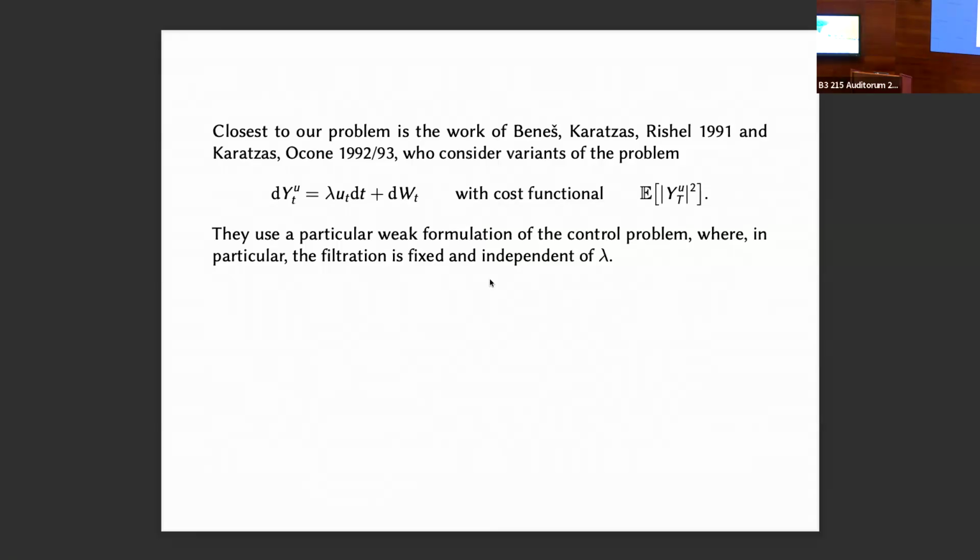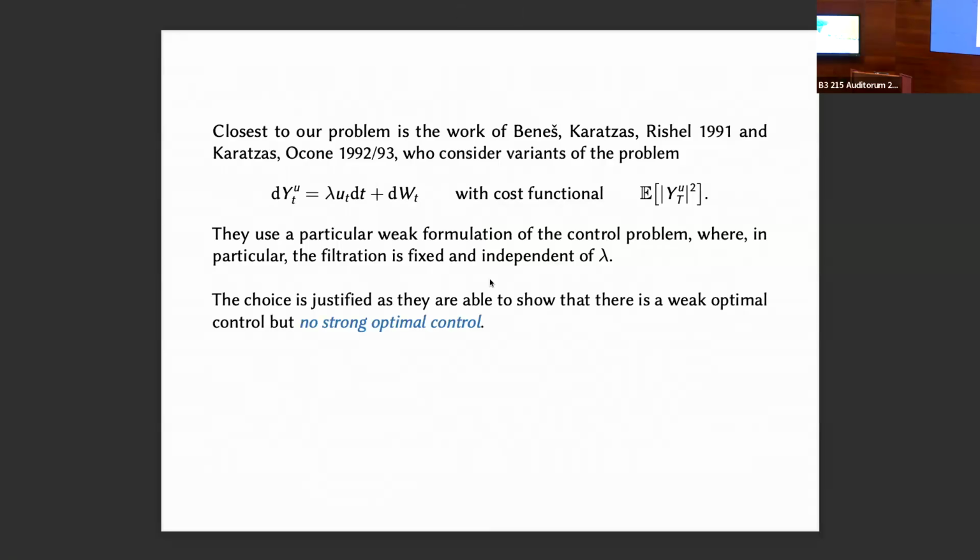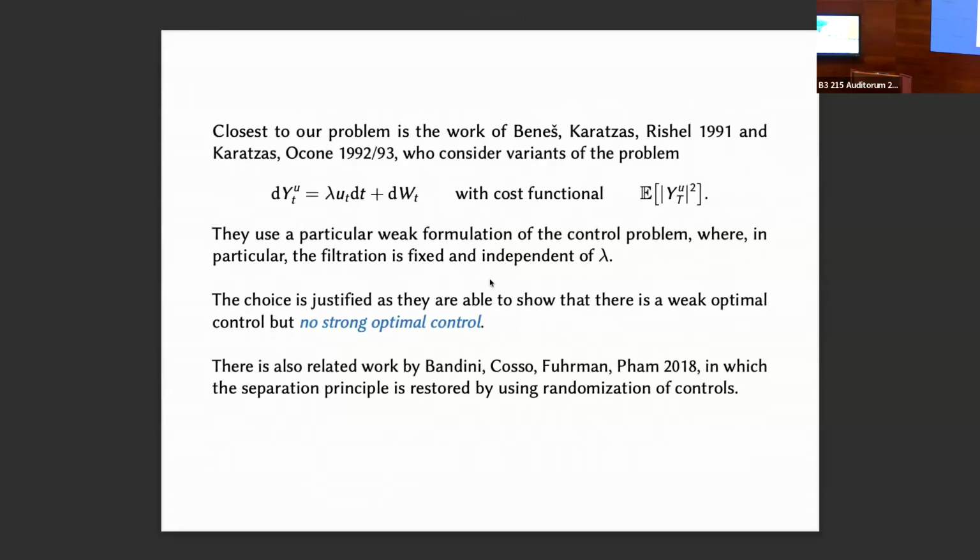I mean, these are very clever people. You know their names. There must be a good reason. It's because they can show that in the strong formulation, so ours, there's no optimal control, but in this weak formulation, they can find one. There's also more recent related work from 2018, Bandini, Cosso, Fuhrmann, Pham.